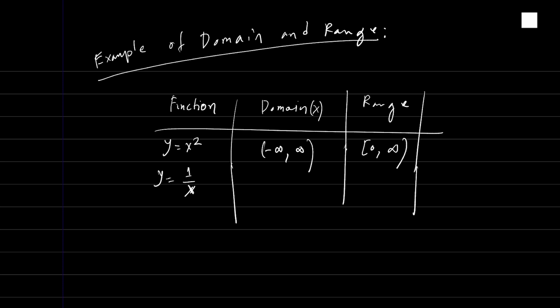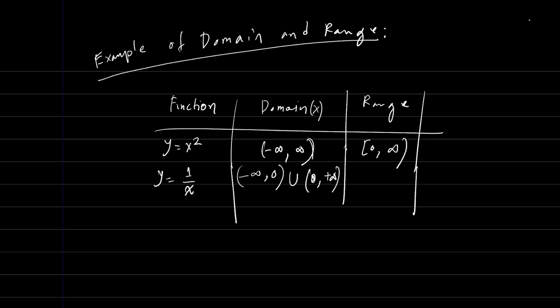So we cannot take x as 0 as input, but from minus infinity up to 0, and this union is just the summation of two sets, then starting after 0, we can go up to positive infinity.